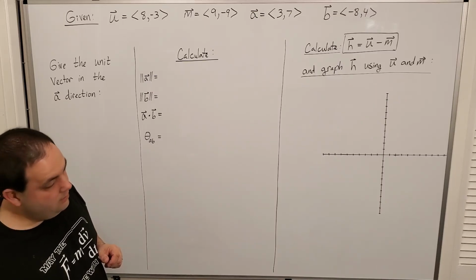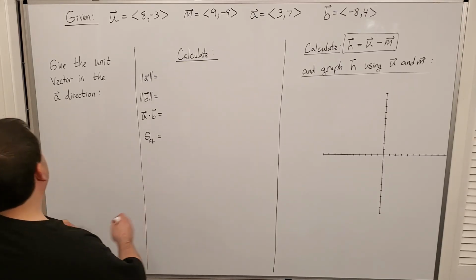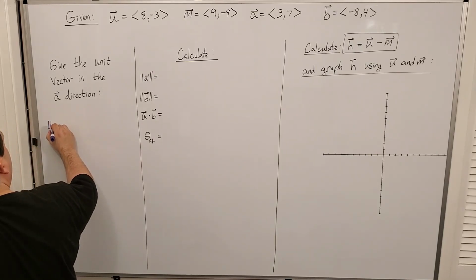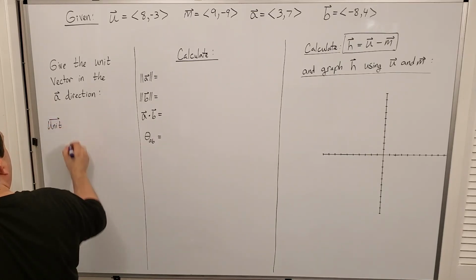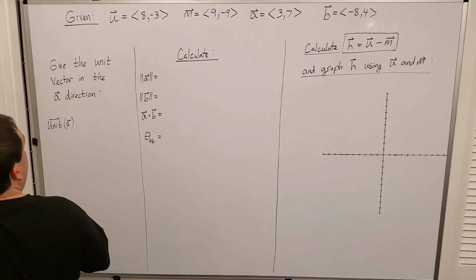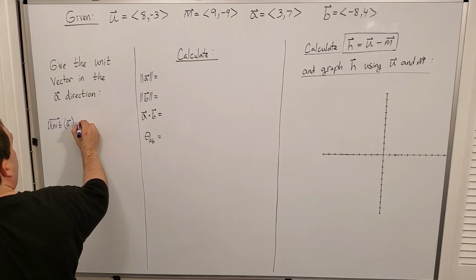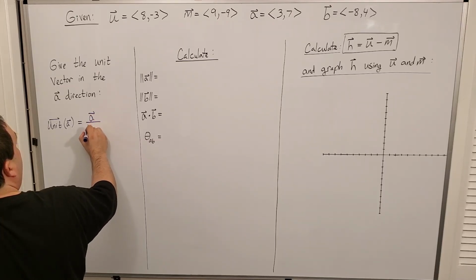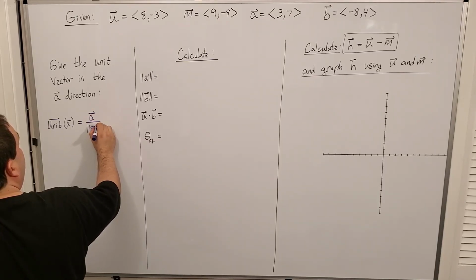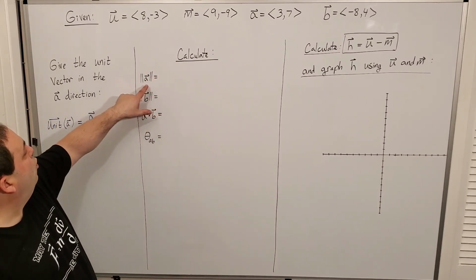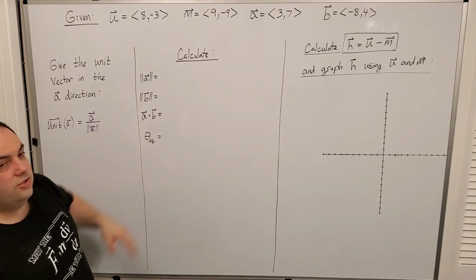Let's calculate that. So remember, the unit vector in the A direction is going to be equal to the vector itself just divided by its own magnitude. Okay? So actually I'm going to be answering one portion of this next question already.